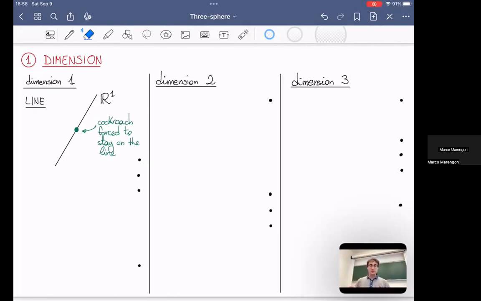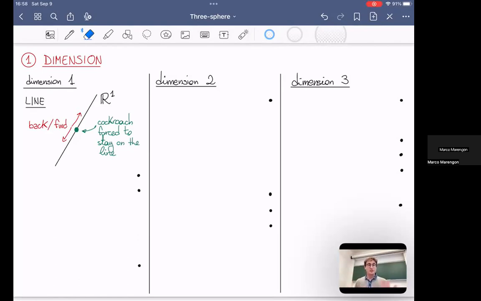So let's suppose that we have a cockroach and we force the cockroach to live on this line that I have drawn here. Then the cockroach can go only in one direction. It can go basically just along the line, forward or backward along the line. But we treat forward and backward as the same direction.